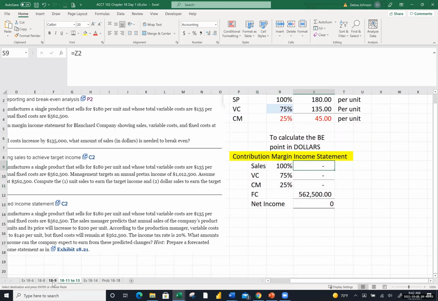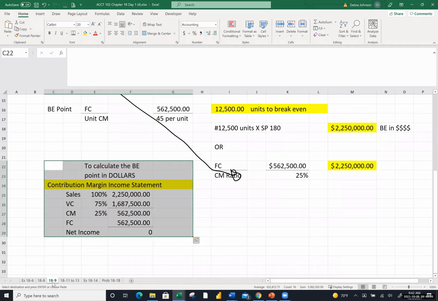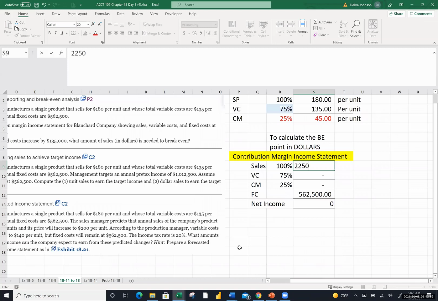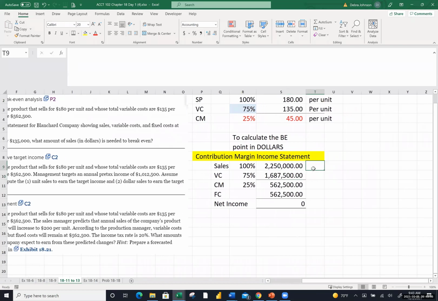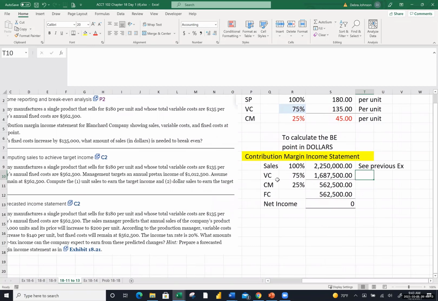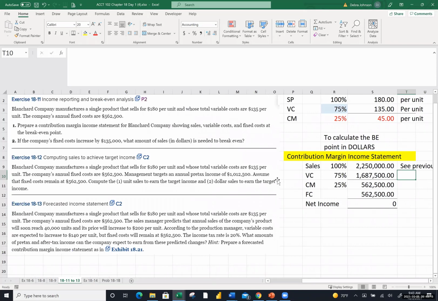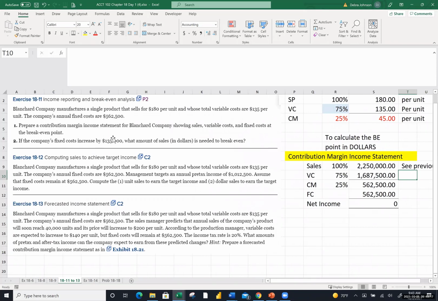Didn't like copying it over, so I'm going to put see previous exercise. There we go. So they asked us to do an income statement. We just did that. Now, here's a what if question. This will be our first what if.